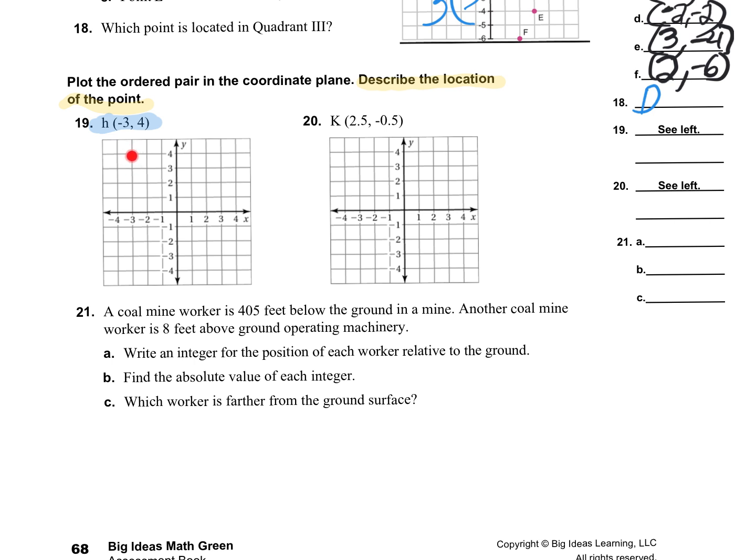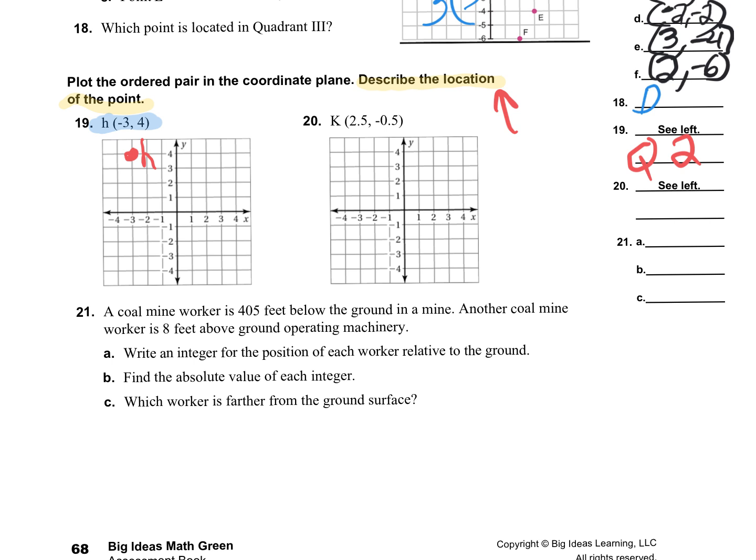So we need to put a dot right there. So let's do that. Put a dot right there and call it H. Then it says describe the location. Well, what quadrant is it? And it is in quadrant 2.